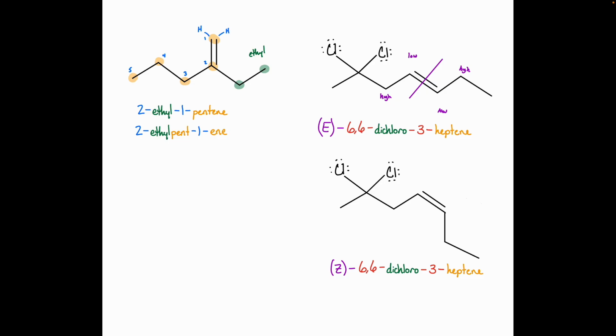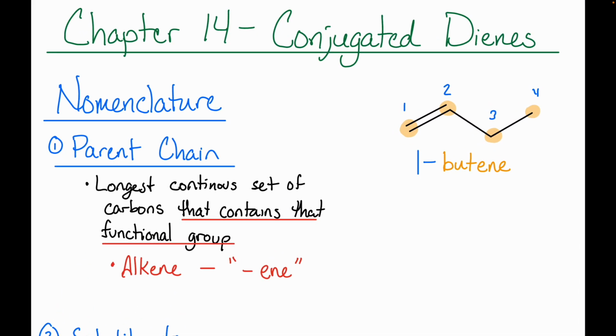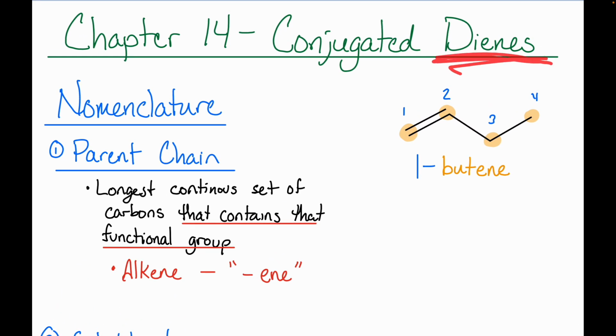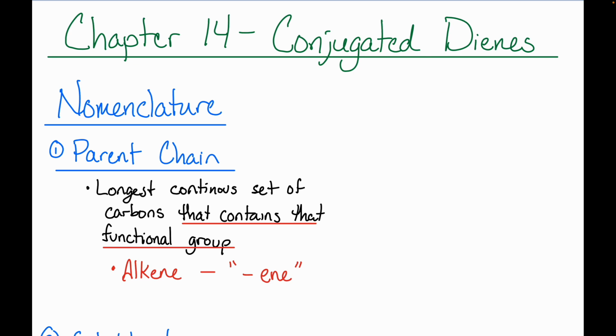Cool. All right, so now we're going to go back here. We're not just talking about alkenes anymore, we're talking about dienes. So now let's update our rules here for a diene, a molecule that has two carbon-carbon double bonds. There's not much of a distinction here.